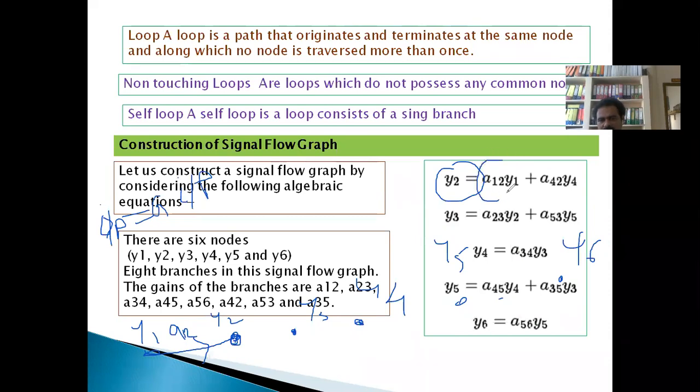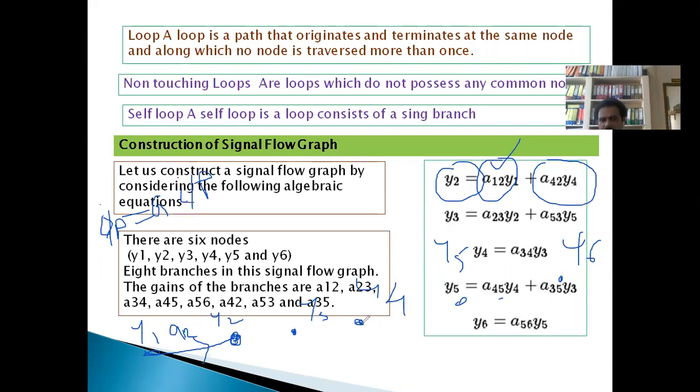That is the first term. So how is y2 generated? With y1 multiplied with A12. The same term can be represented graphically in this fashion: input variable y1 multiplied with gain gives you y2. Similarly, plus again one more summing point, A42 into y4.